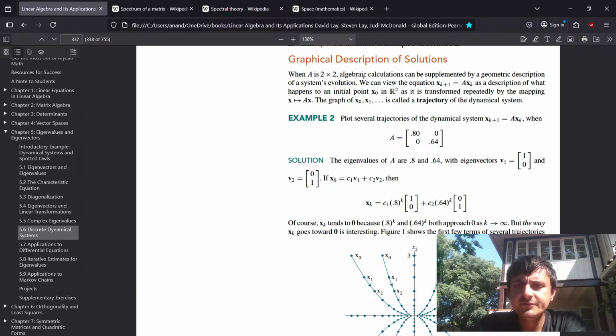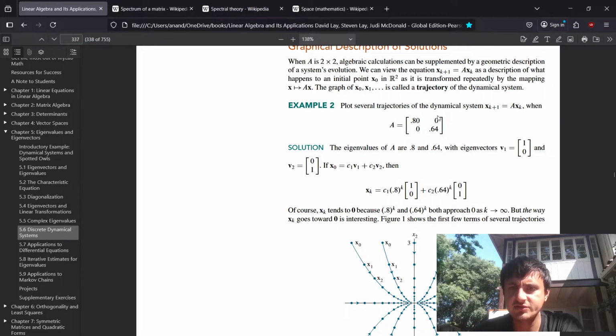We can view the equation x_{k+1} = Ax_k as a description of what happens to an initial point x0 in R2 as it is transformed repeatedly by the mapping x to Ax. The graph of x0, x1, x2, and so on is called the trajectory of the dynamical system. Plot several trajectories of the dynamical system.